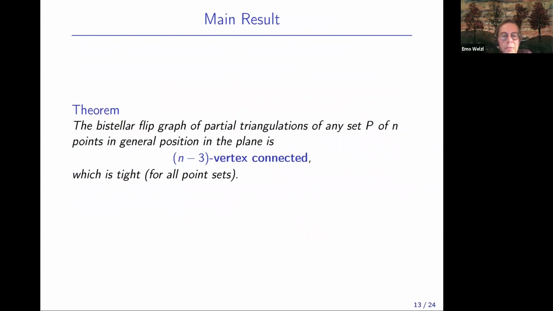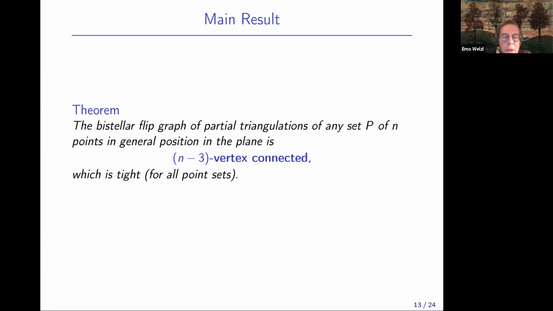The bistellar flip graph of partial triangulations of any set of n points in general position in the plane is n-3 vertex connected. And this is tight. Actually, it's tight for every point set. We could go through the exercise and prove the tightness.